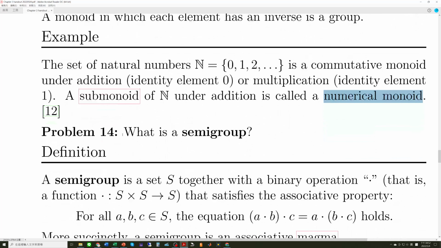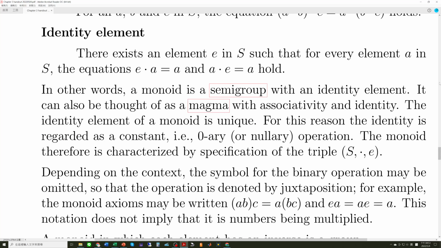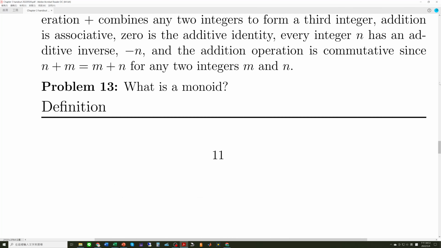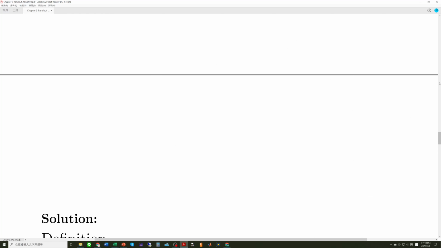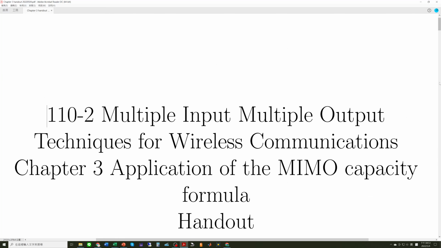Next, let us see problem 14. What is a semigroup? Why do we need to know what a semigroup is? This is because we have mentioned it before. Let us find it out.